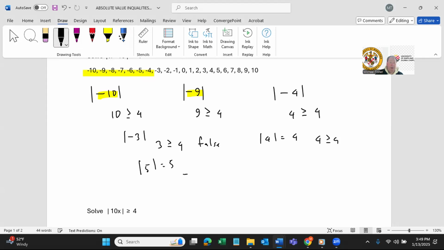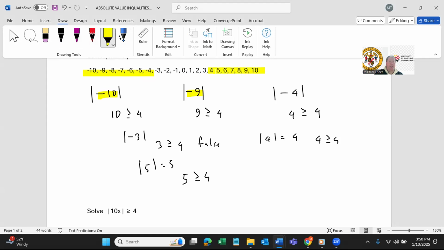And is 5 greater than or equal to 4? Yes, it certainly is. And so 5 will work. So all the numbers 4 and higher will work. So recapping, all the numbers less than or equal to negative 4 will work, and all the numbers greater than or equal to 4 will work.